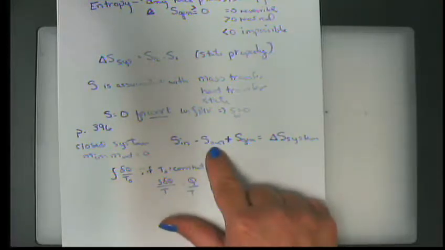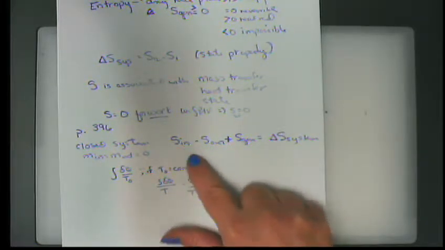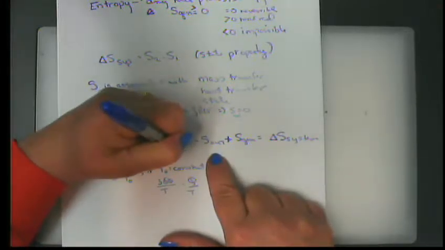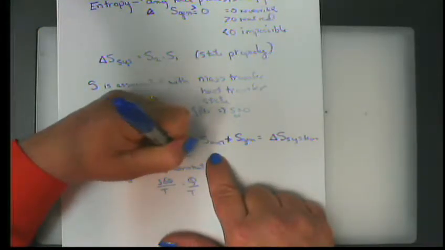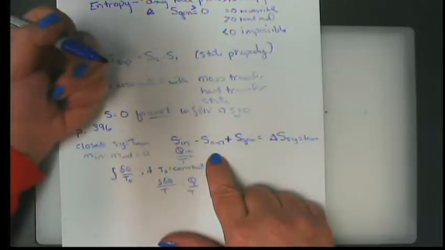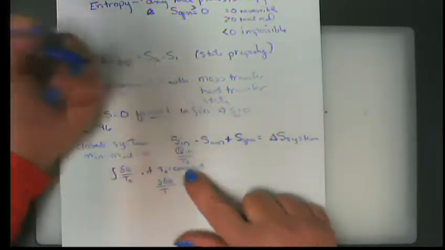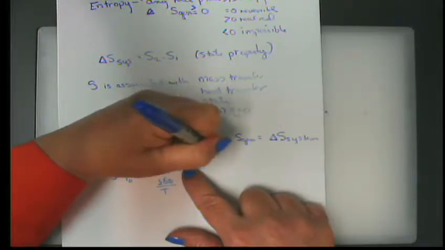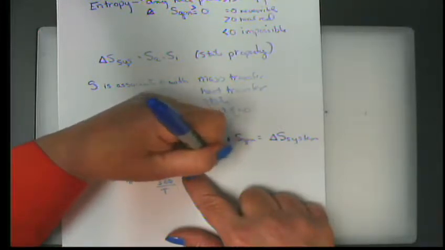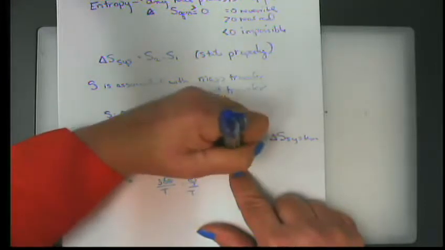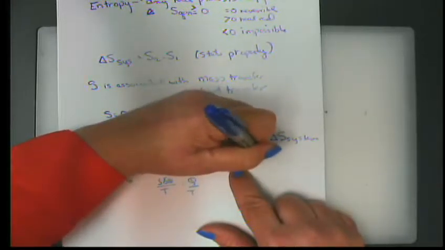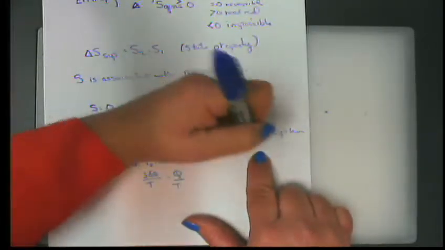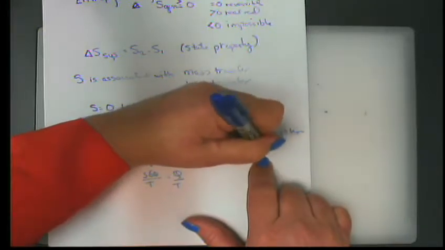So for a closed system, S in and S out are almost always any heat that goes into the system over T of the surroundings, which I'm just going to call T sub 0, minus Q that goes out of the system over T sub 0, plus S generated equals the change in entropy of the system, which is S at time 2 minus S at time 1.